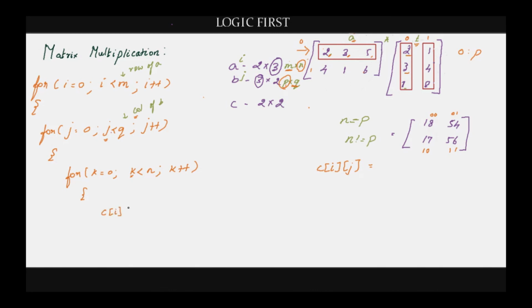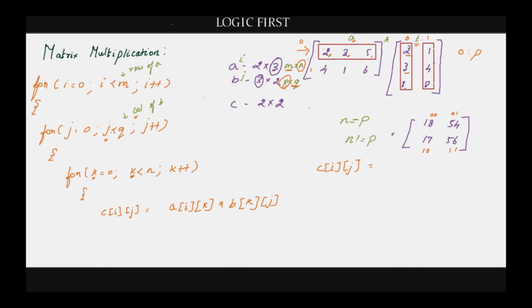C of ij is nothing but, in order to access the element of A, we know that it is A of I, and the column can be found with the help of K, into B of, the row of B can be again found with the help of K, and the column using J. Here this helps us to only multiply one of the elements.